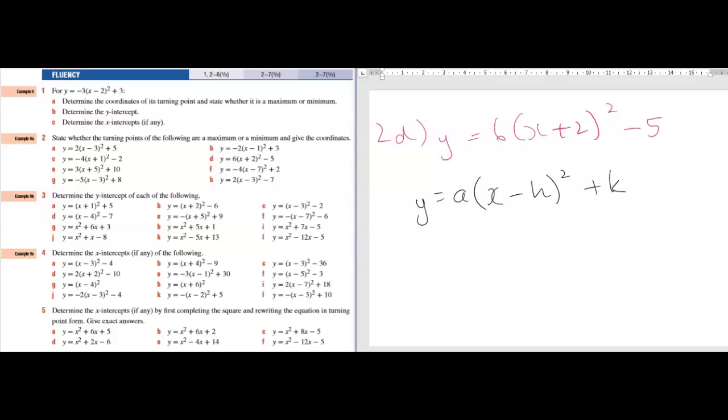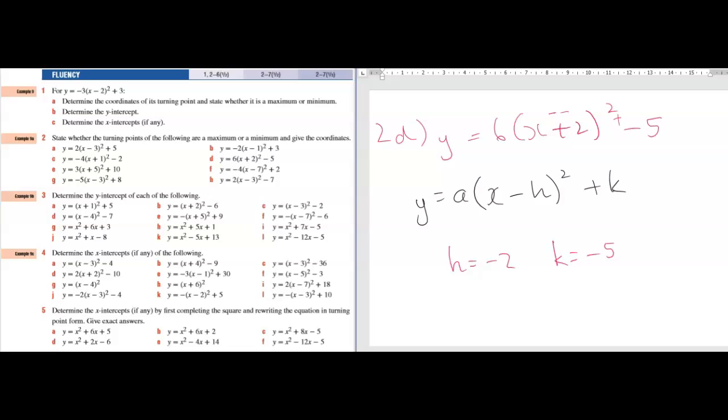But we've got a positive here and a negative here. Sometimes it helps to rewrite this positive as negative, negative. So your value of h in this one is -2. And here we've got plus -5, so your value of k is -5.